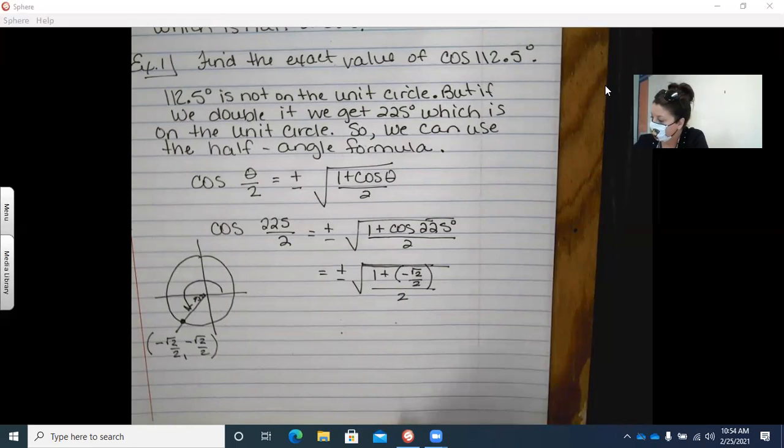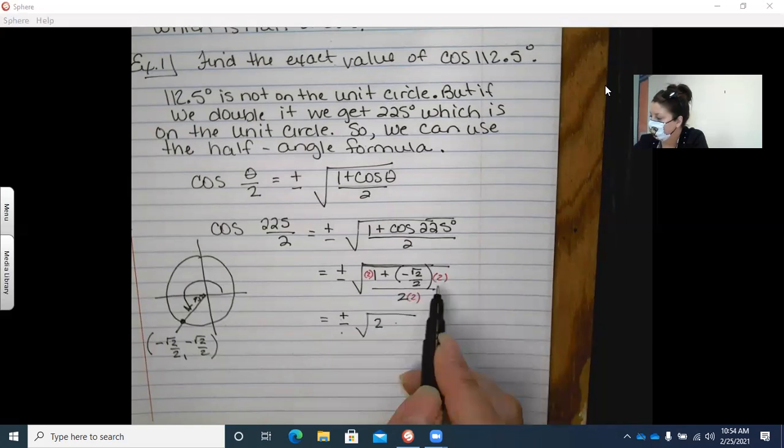So that equals positive or negative square root of 2 times 1 is 2, and I know that plus a negative, I'm going to be subtracting that, right? Square root of 2 divided by 2 times 2 is the square root of 2 all over 4.